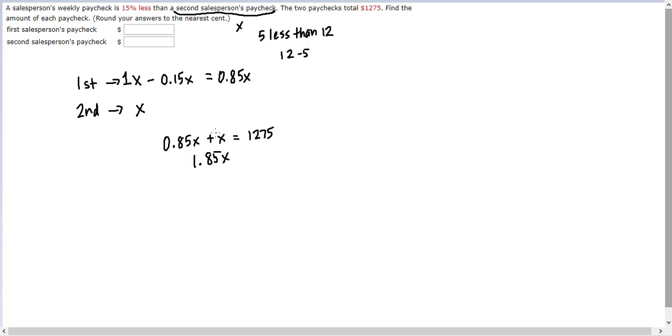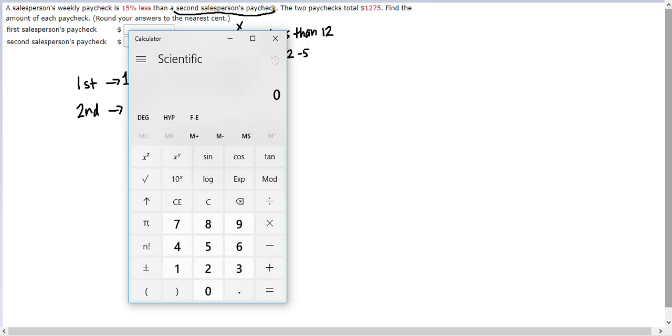So 0.85X plus X is 1.85X. Again, the coefficient here is 1. It equals 1,275. Then we divide both sides by 1.85, and we get our calculators out. So we get that X is 689.